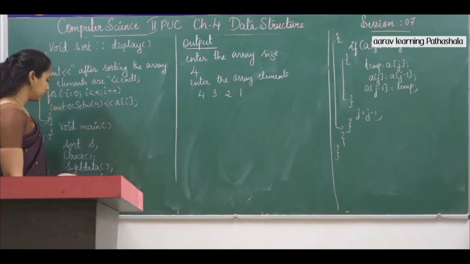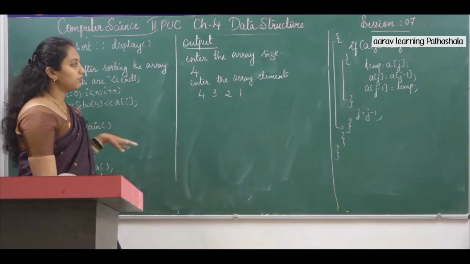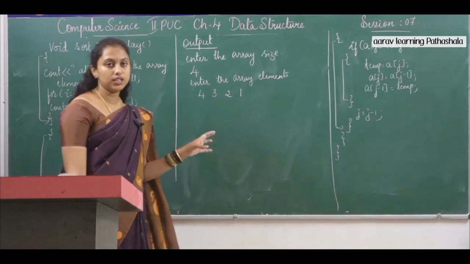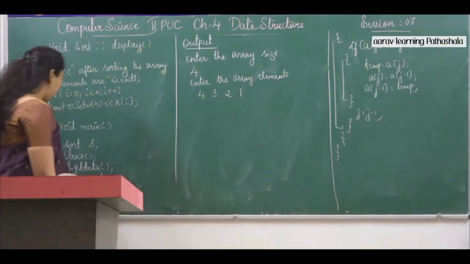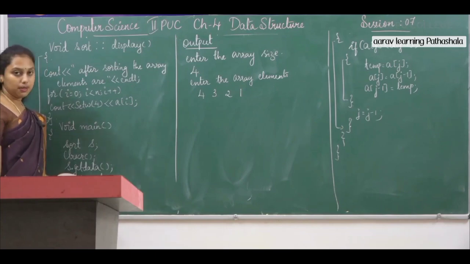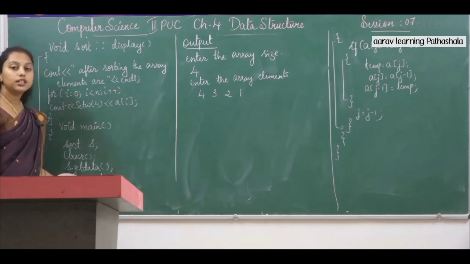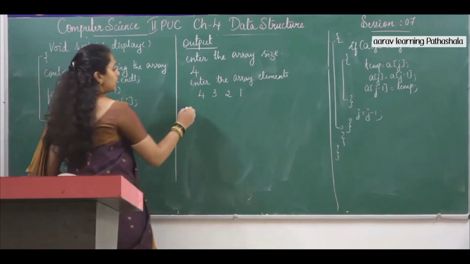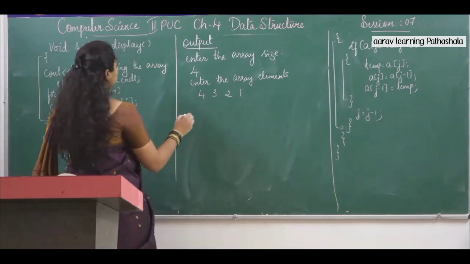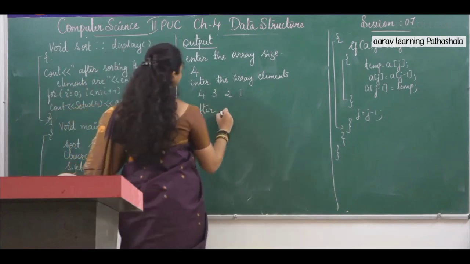Next it will call the compute function. In the compute function it will perform the comparison operation. After performing the comparison operation, we are going to display the array elements using the display function, which we have called here. In the display function we are going to display the array elements after sorting.